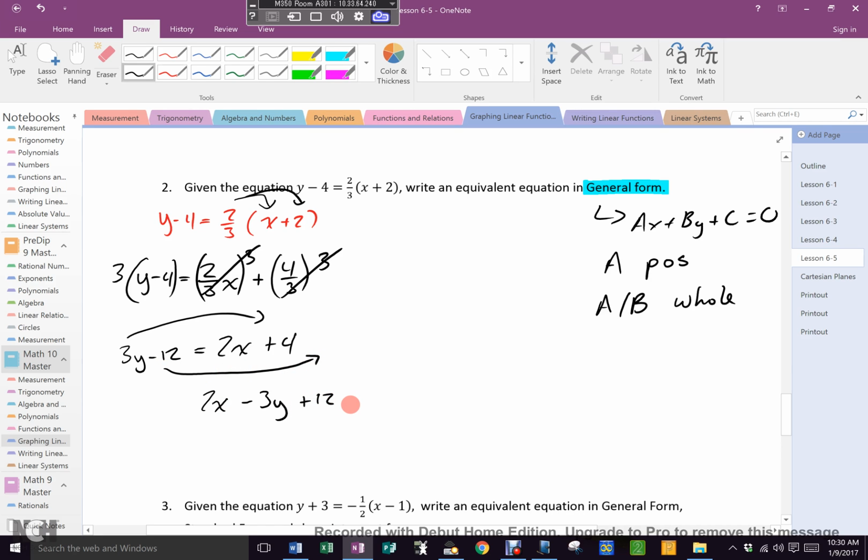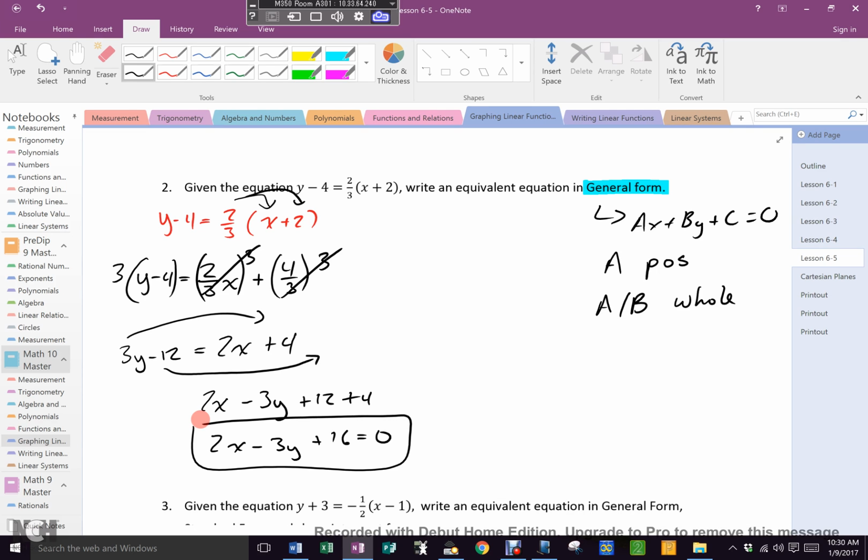And what does all that equal? Plus 12 plus 4, yep. And so what does all that equal? Plus 16 equals 0. And it's the same thing. Is everybody good? All we're doing is algebra.